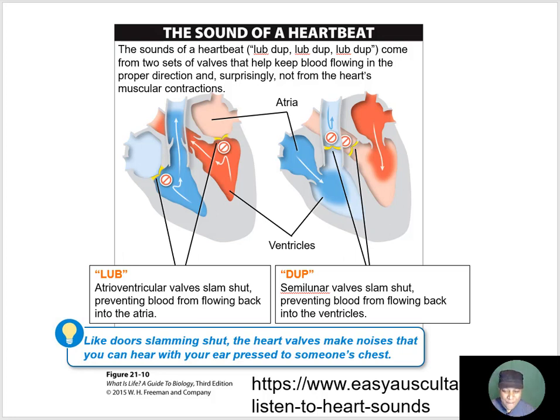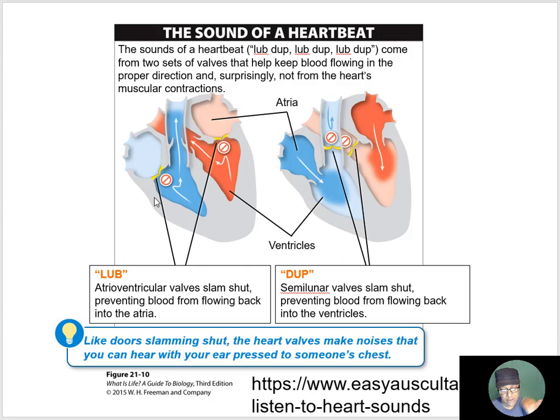Okay, back to the heart. So the sound of the heartbeat. And so you have the lub-dub. And so the lub is coming from these atrioventricular valves, the valves that are between the atria and the ventricles, hence the name atrioventricular valves. And so you've got one here on the right and you've got one on the left.